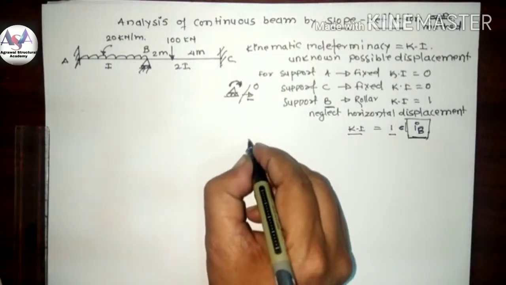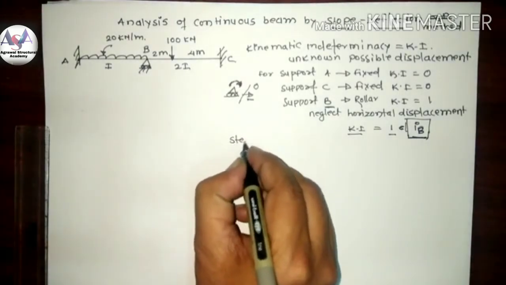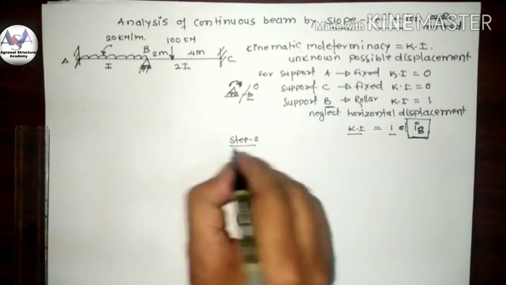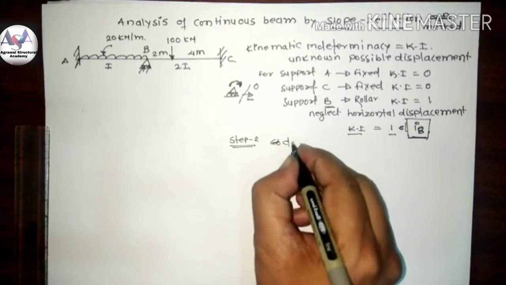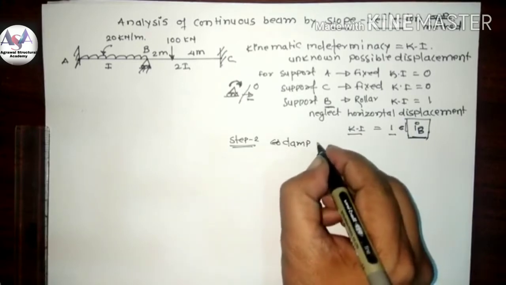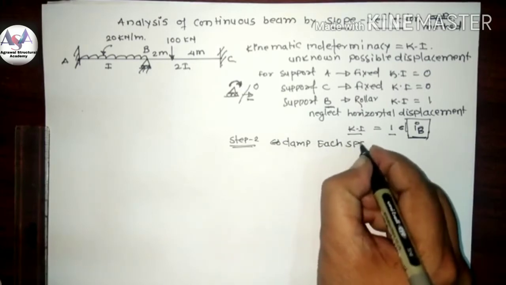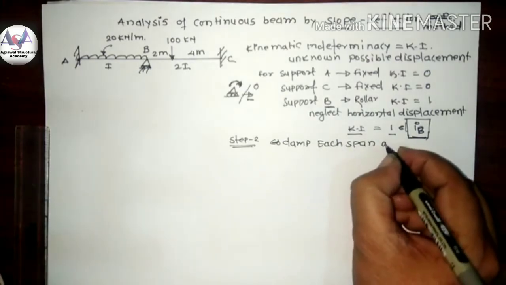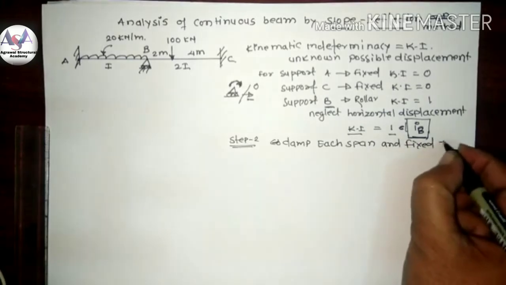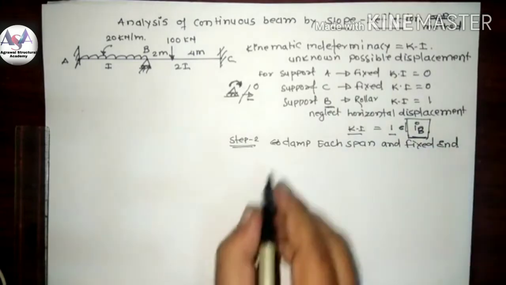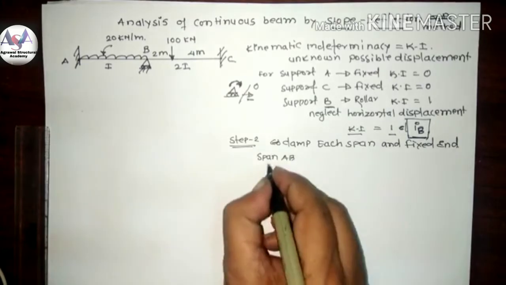Now the second step: if we write here step 2, clamp each span and find the fixed end moments. So first consider span AB here.